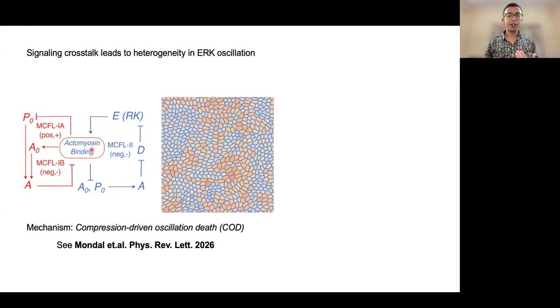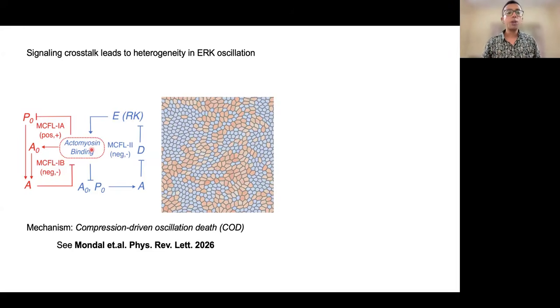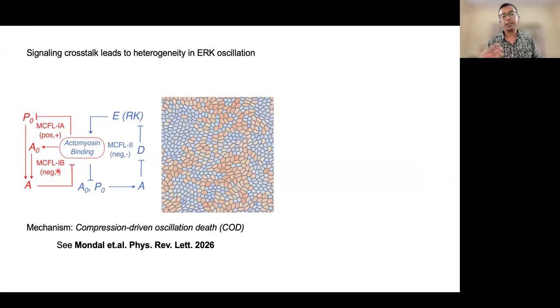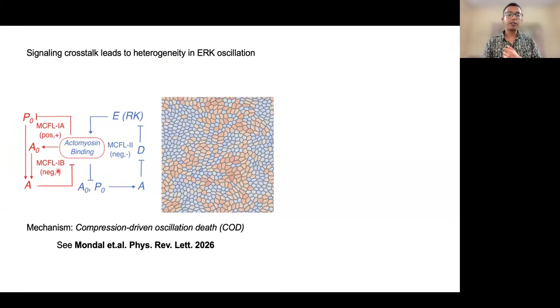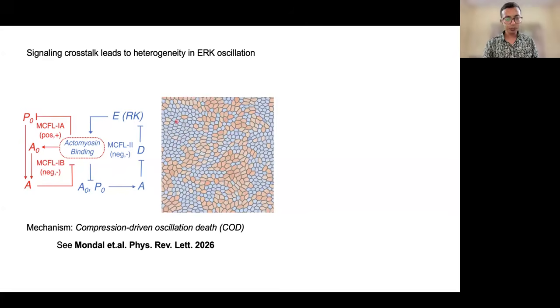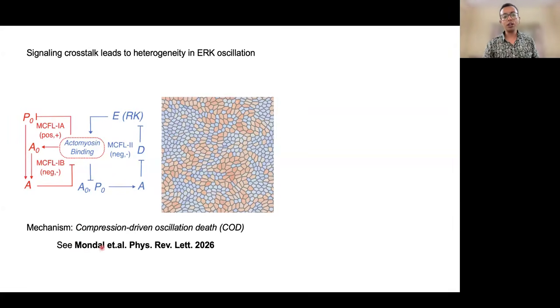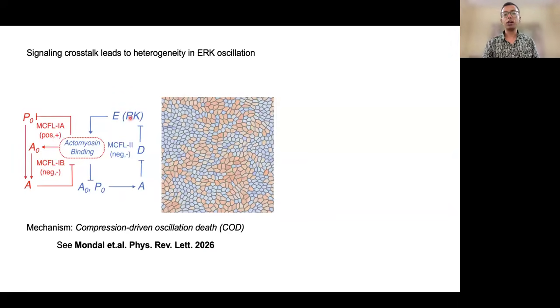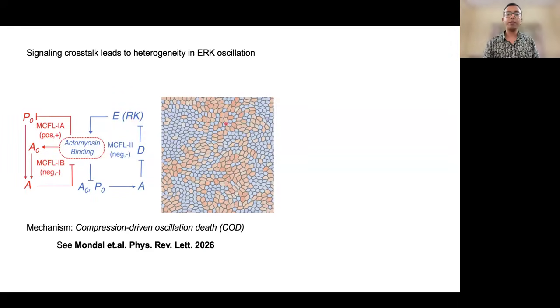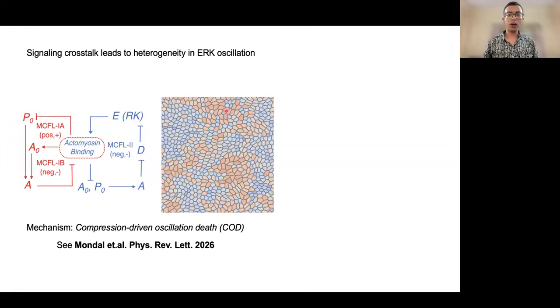And that is involved in collective cell migration and whatnot. But what is important to note here is that as the tissue is maturing, it is also coupling to this contractile instability. As a result, whenever you have high density, it undergoes something called compression-driven oscillation death because ERK is a Hopf oscillator. And whenever you have low density, it continues oscillating.